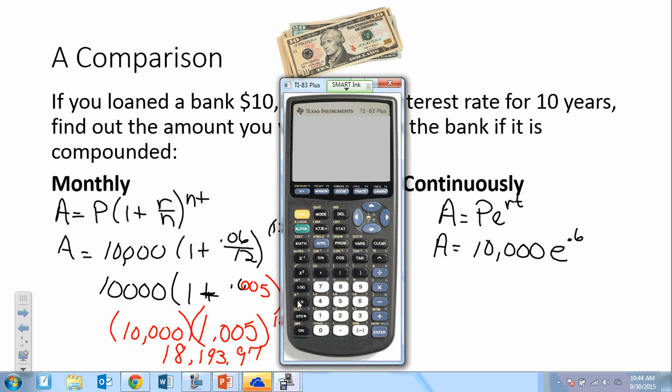It's above the ln, so second ln. Yep, 0.6, because it was 10 years times 0.06 for our rate, so 0.6. And we're going to take that times 10,000.